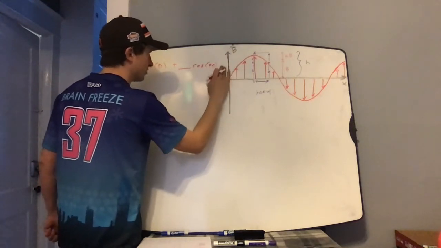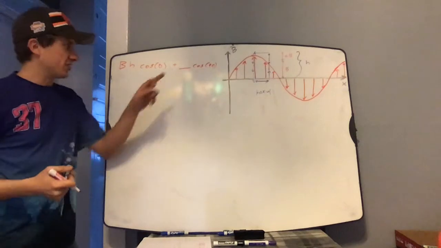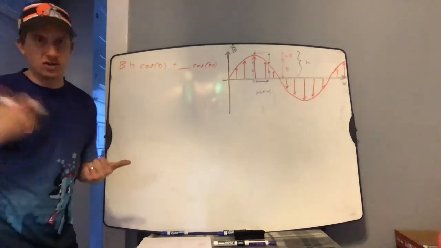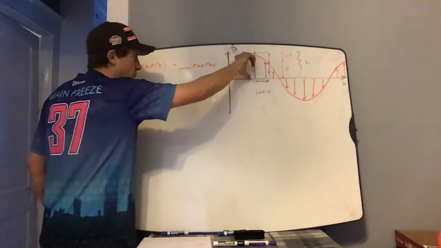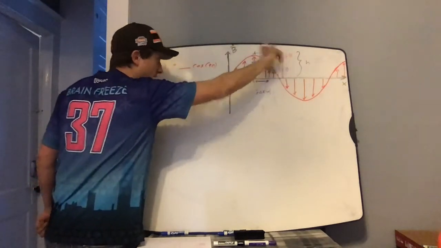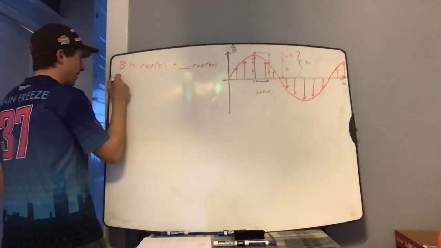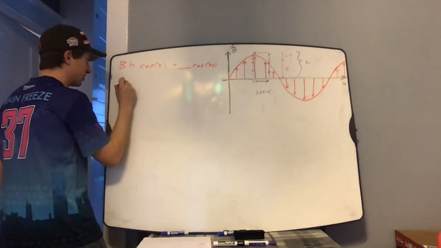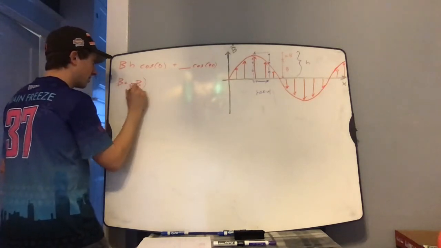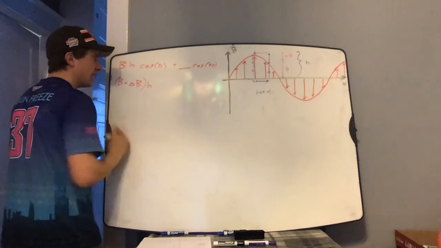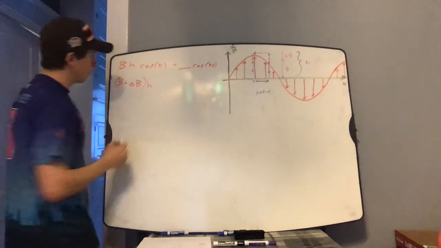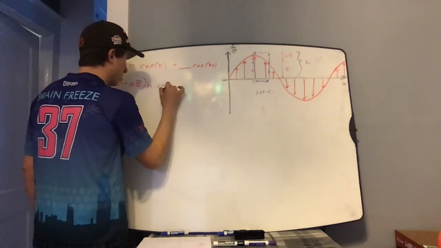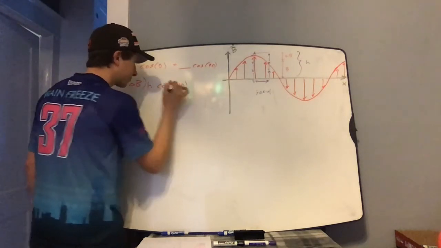Cosine of 90 is just equal to 0, so it doesn't matter what is over here because it will be multiplied by 0 anyway. On the path downward, I have a stronger magnetic field. So on the path downward, I will have B plus delta B times h. And this time I'm walking down, but the magnetic field points upward. So I have cosine of 180.